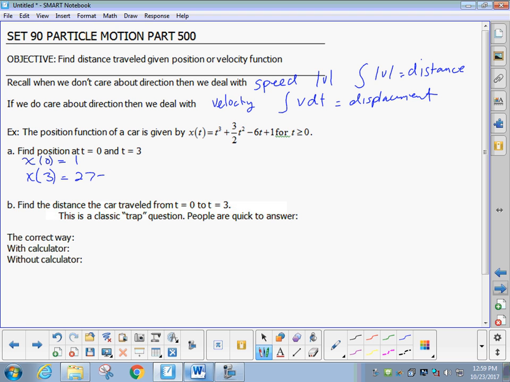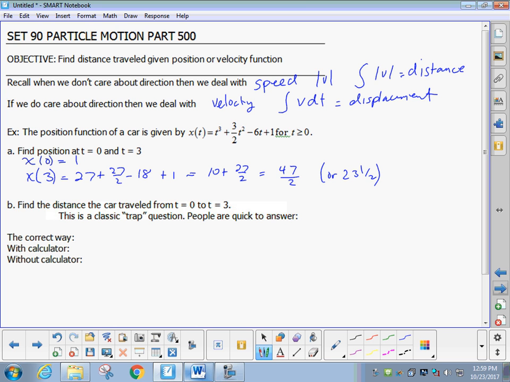I'll do that, and we'll compare answers in a wee minute. You get something like 23.5 or 47.5. Do you agree? Okay. Now, you know at time 0, the position is 1. At time 3, the position is 47.5 or 23.5.